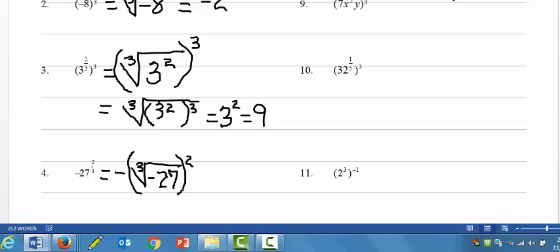Notice the negative sign is still outside of this because anything having to do with that power of 2/3 only applies to the 27. So notice the negative is not inside the radical, only the 27. So the cube root of 27 is 3. So I square 3 and then multiply it by negative 1. So this is negative 9.